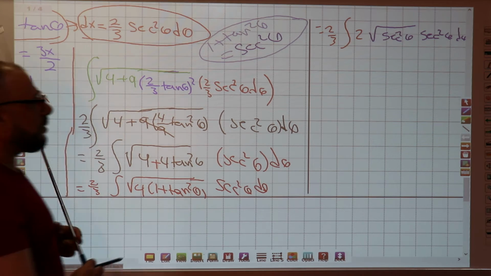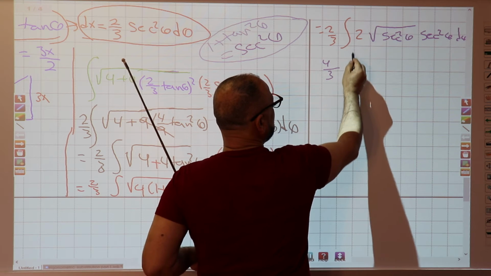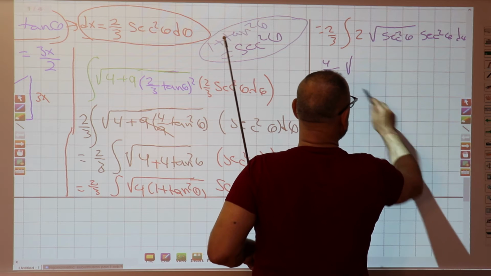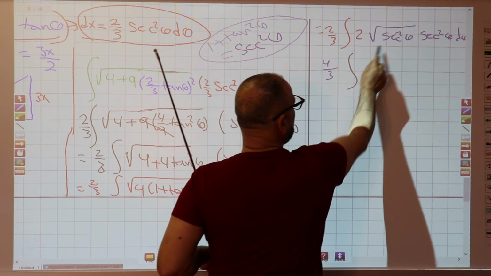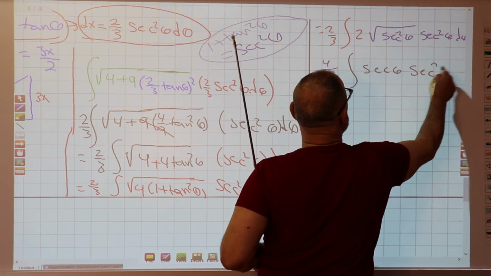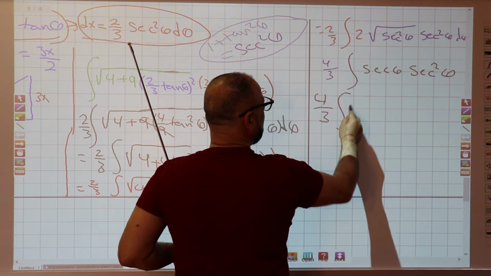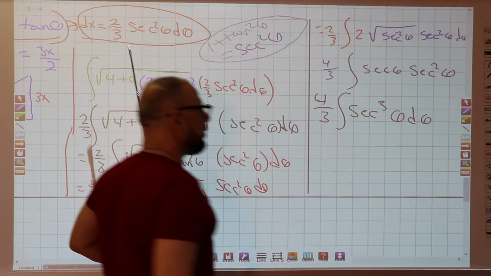And the 2 goes out: 4/3. And square root of this, secant theta. I like to take my time in the first problem for you guys. Secant cube theta, d theta.